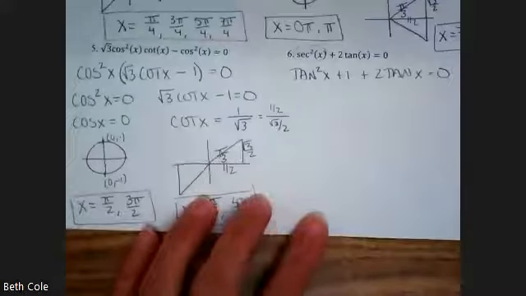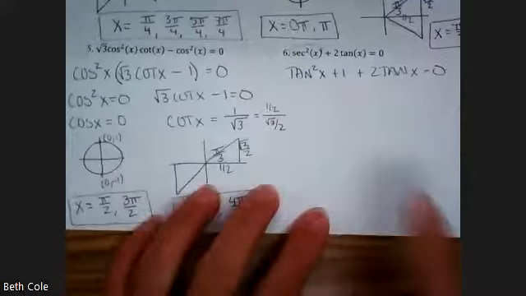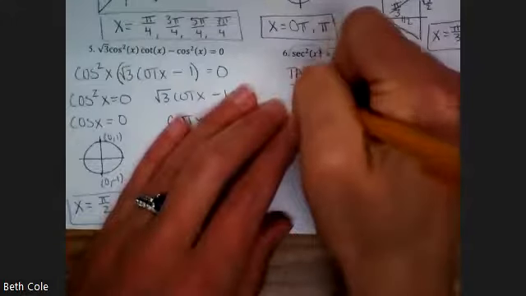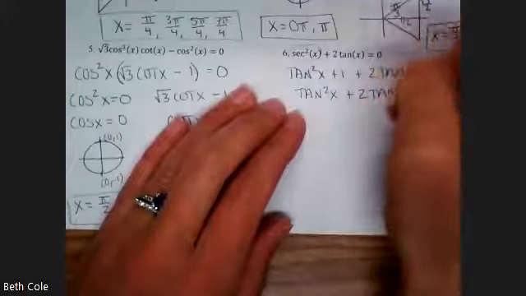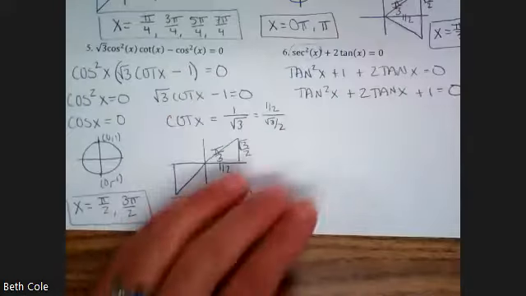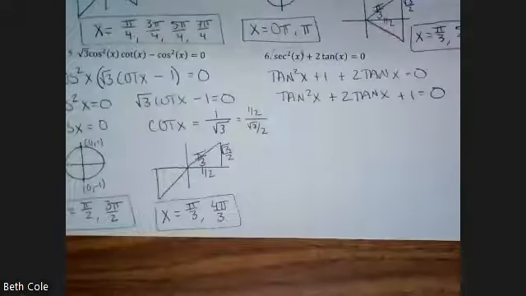And you're probably like, how on earth did that make it better? I'm going to rearrange it, and then I hope you'll be able to see it. I'm not going to change anything in this step. I'm just going to write the terms in a different order. So you have the tangent squared, and then 2 tangent of x, and then plus 1.